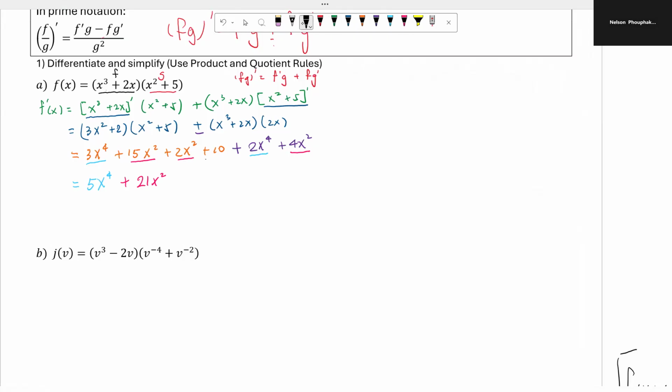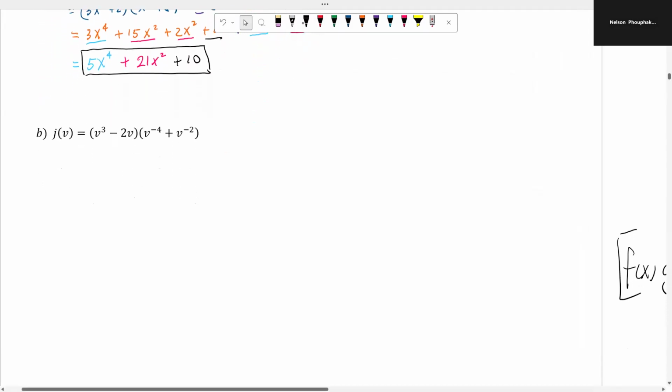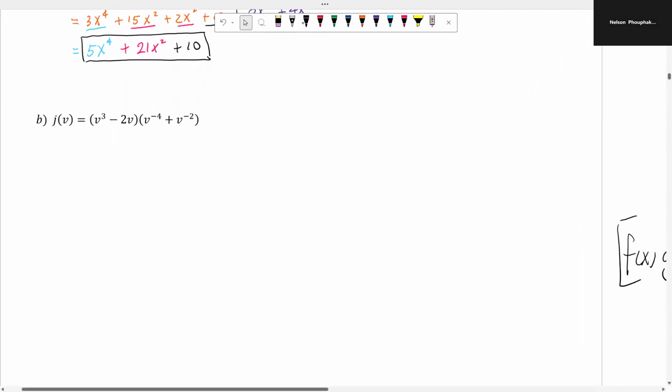And of course, I'm going to add 10. Okay. And in this case, this is how we use a product rule to help us to finish the problem, right? Okay, so now it is your turn. Go ahead and try to see if you could find J prime of V then.